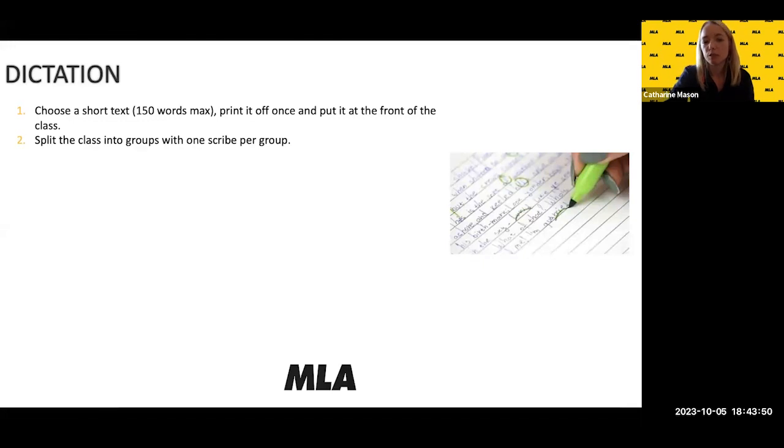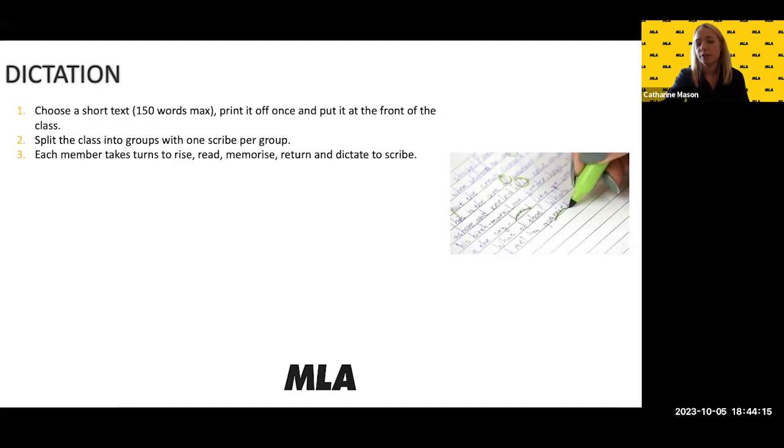Split the class into groups with 1 scribe per group, and they need, of course, a pen or pencil and a piece of paper. Each member takes turns to rise, come to the front of the classroom where the text is, read it, memorize as much as possible, return and dictate what they remember to the scribe.